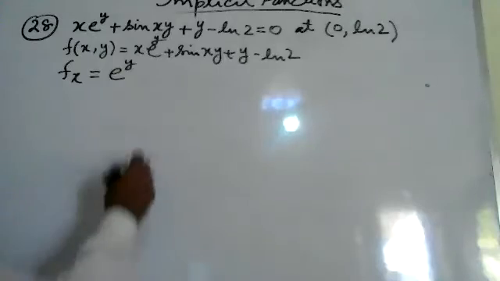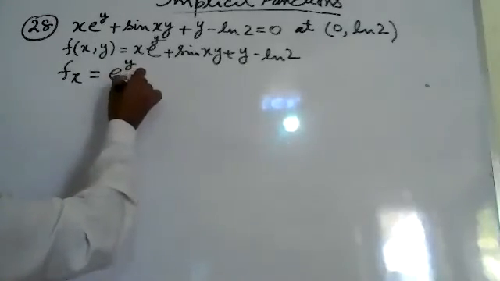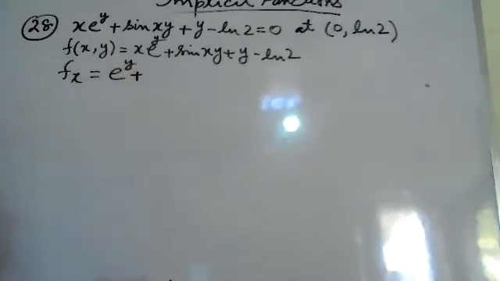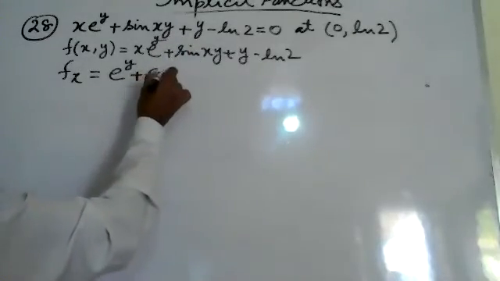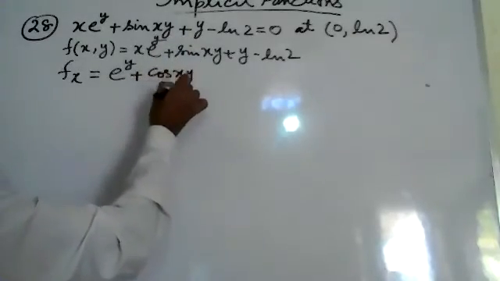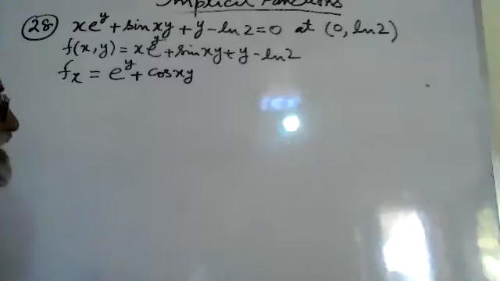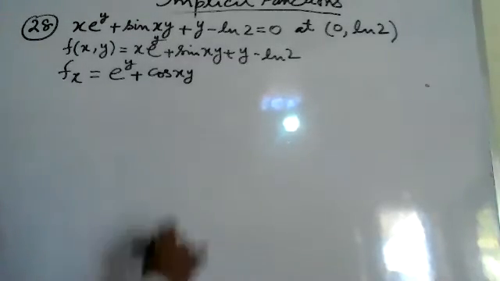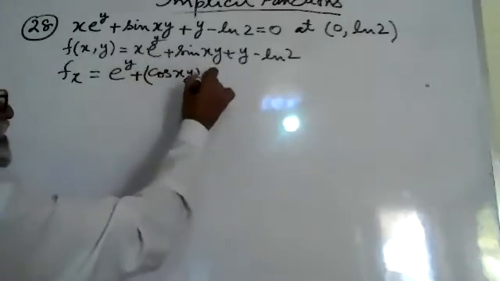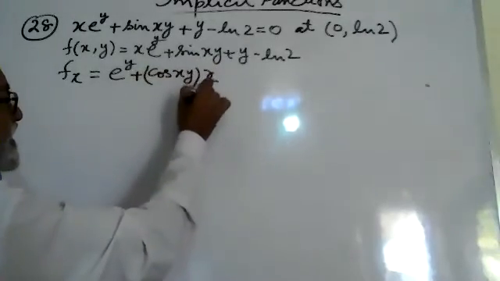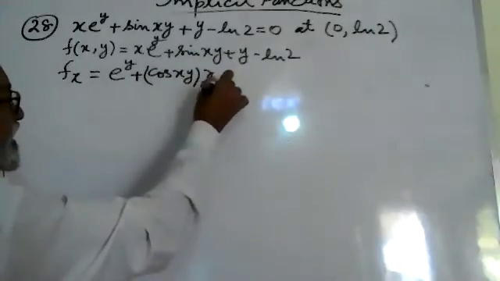Plus derivative of sin xy, there is x. So it will become cos xy into the partial derivative of xy. In the partial derivative of xy, y will be considered as constant.